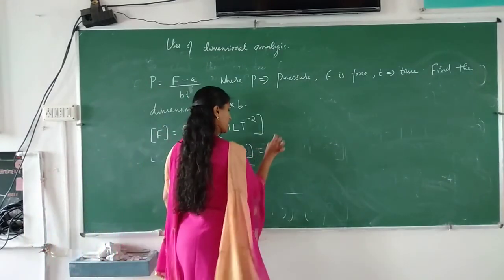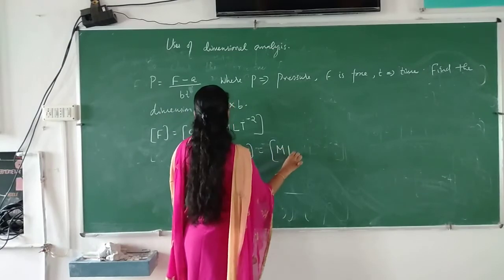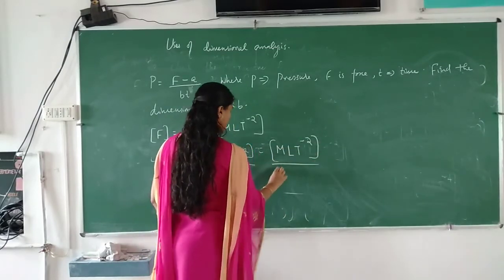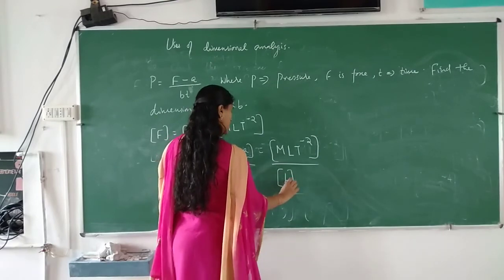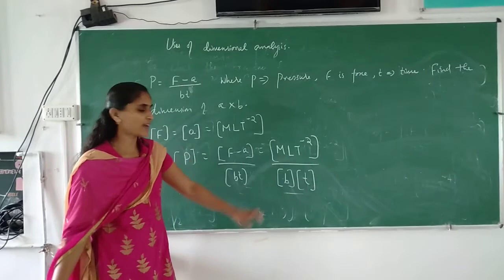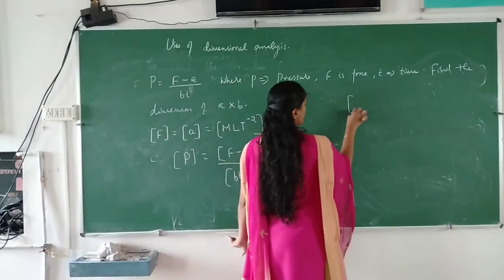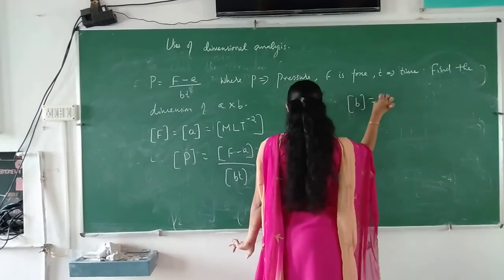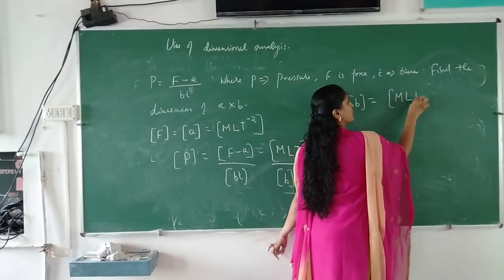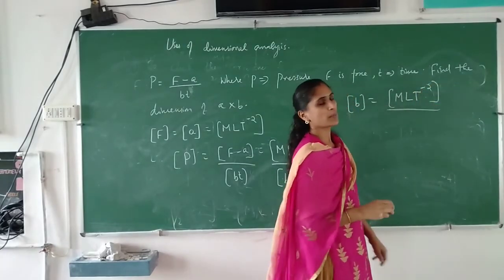Here F and A both are having the same dimension, so you can write it as M L T raised to minus 2 divided by dimension of B into T. So from this you can find the dimension of B. How? Dimension of B is equal to M L T raised to minus 2 divided by the dimension of pressure.